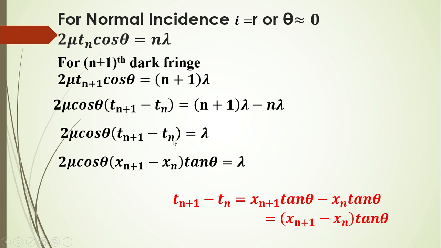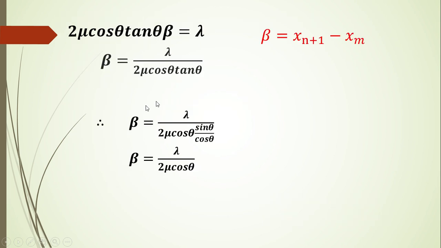So 2 mu cos theta (S(n+1) minus Sn) tan theta is equal to lambda.